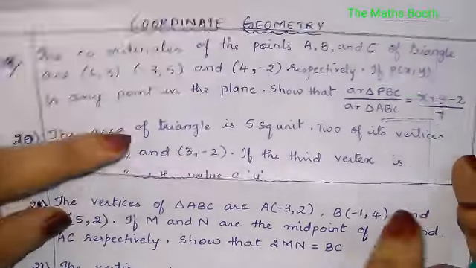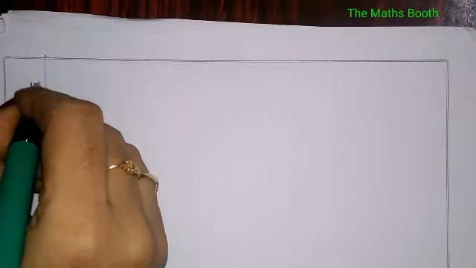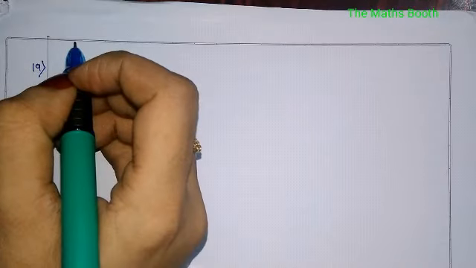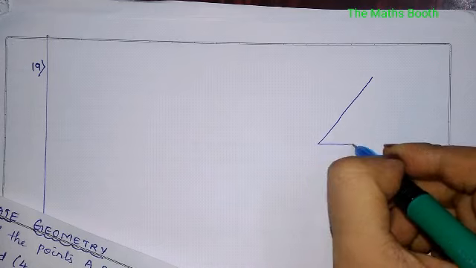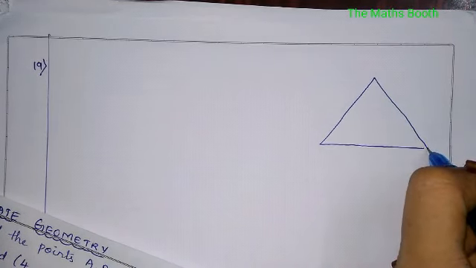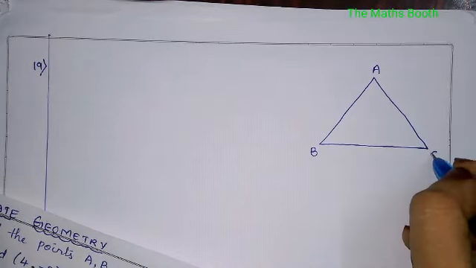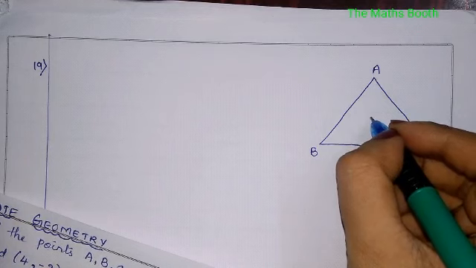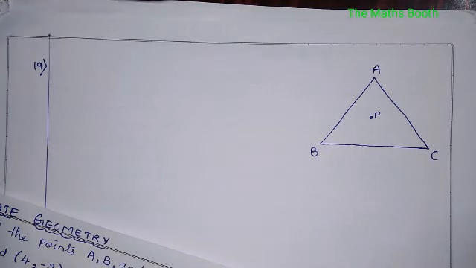First let us draw one triangle. They have told that A, B, C are the coordinates of the triangle. It is mentioned in the question, so I'll write this as A, B, C. P is any point on the plane, so I'll write P is any point on the plane.